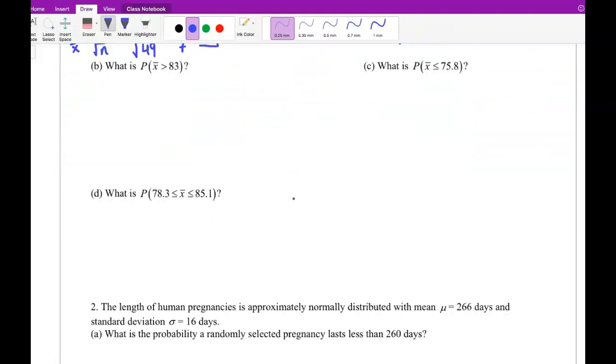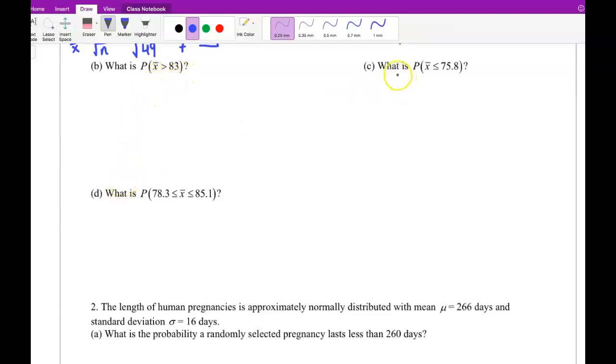Okay, then part B, we need to find this area of what is given, and that part sample mean is greater than 83. So what's the answer for this part?